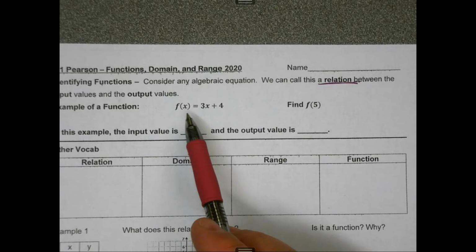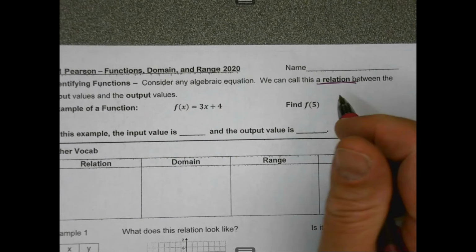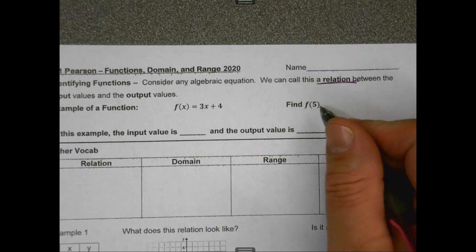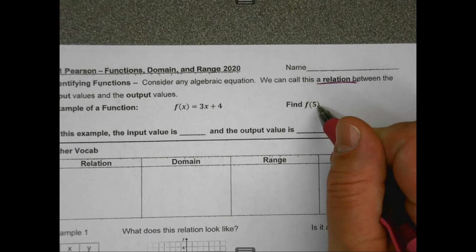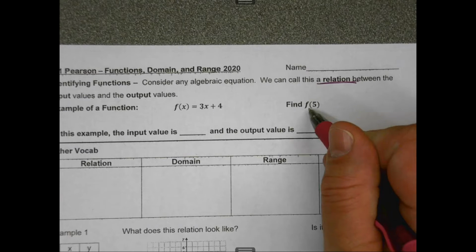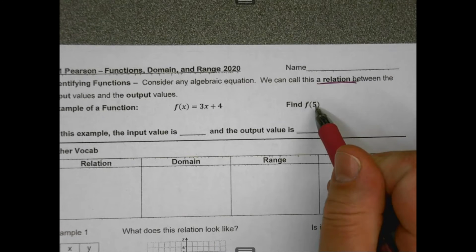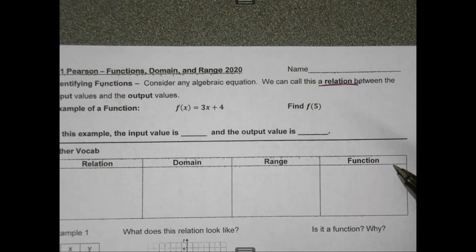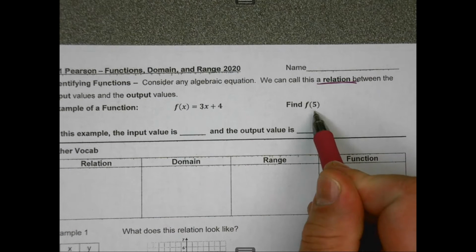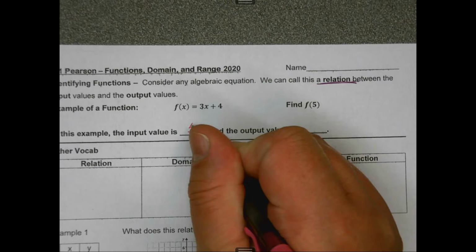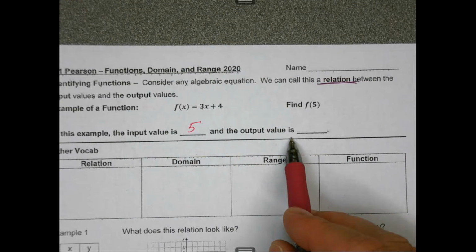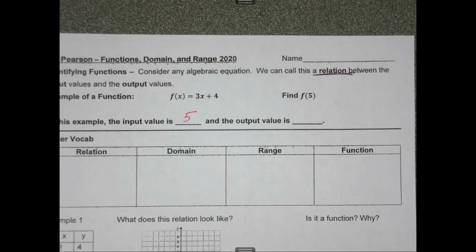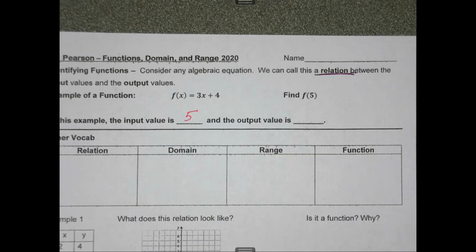So in this function, we have x, and when we put a value for that x in that notation, we substitute in that value for x. So the input value here would be 5. And the output value then would be, well, we have to compute that.